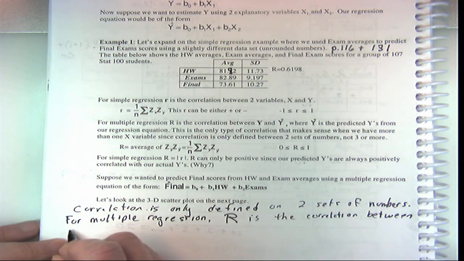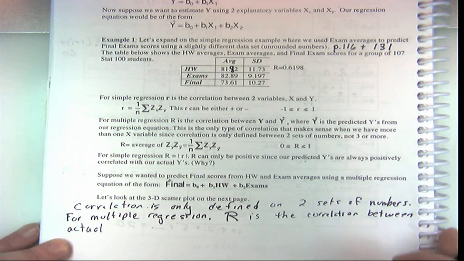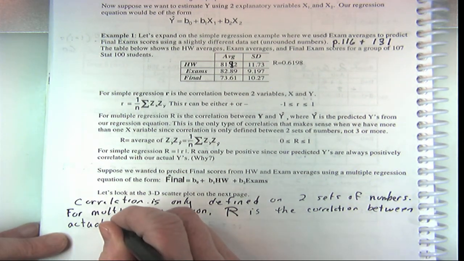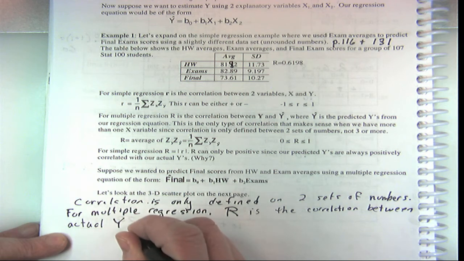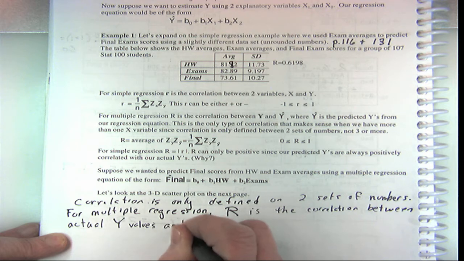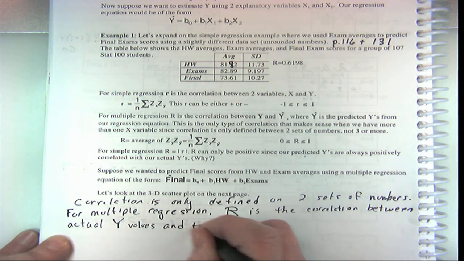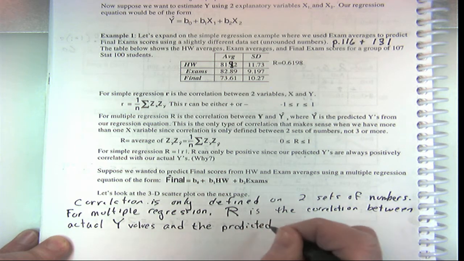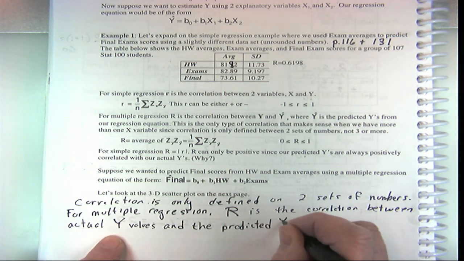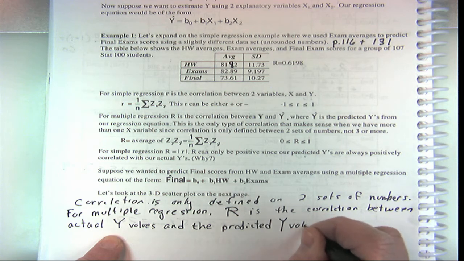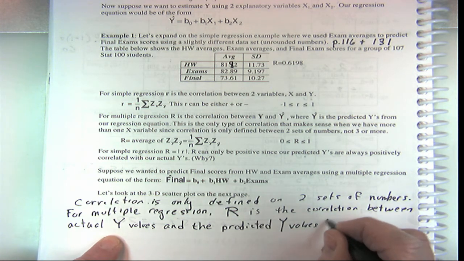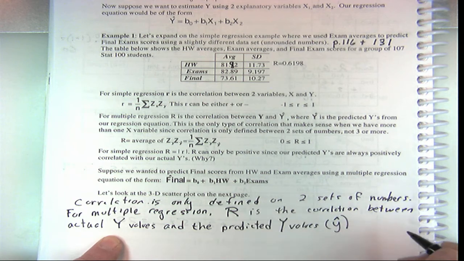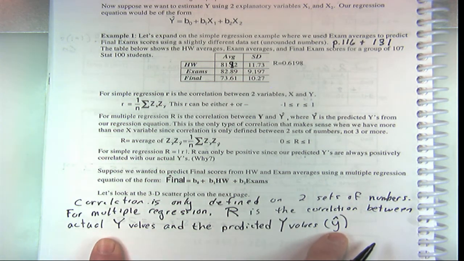Between your actual y values, like in this case the actual final scores the students got, and the predicted finals from our regression equation, the predicted y values. Okay, we call those y hat. So the actual y's and the predicted y values.